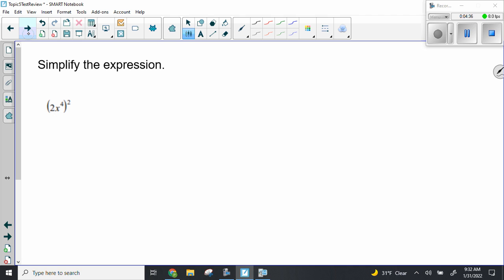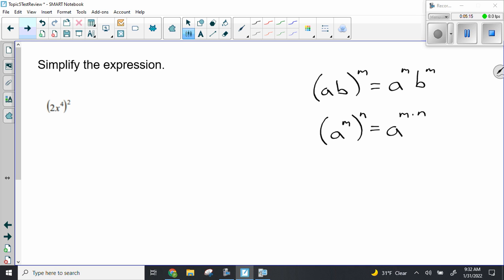Another one. Okay, let's go ahead and simplify this expression. I'm going to use 2 separate properties here. That is, if I have some ab to the m power, I need to distribute that m to a and to b. That is, I need to raise both a and b to the m power. The other property that I'm going to be using here is that if I have some a to the m all to the n power, I have to multiply those exponents.